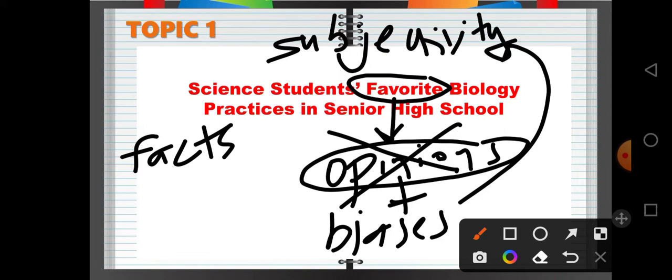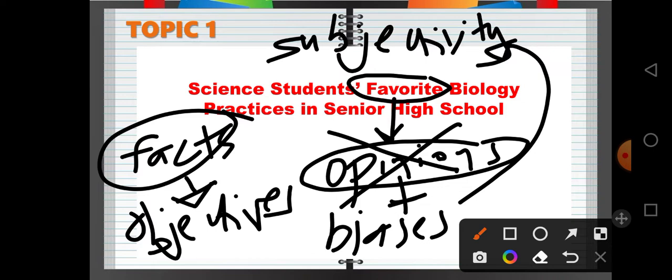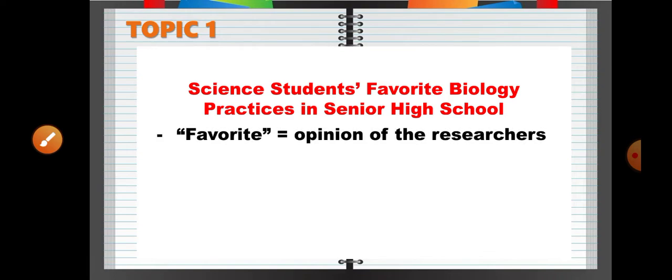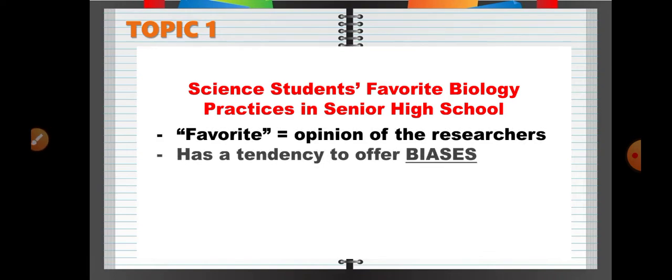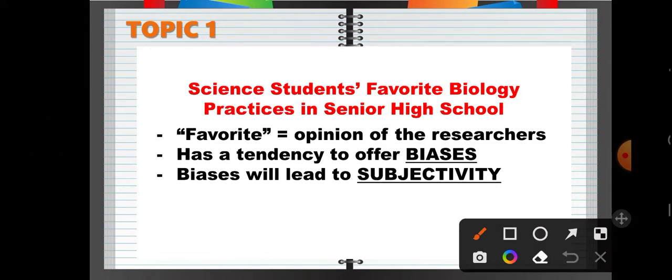Remember class that SIPs are quantitative researches and therefore we must base them on objective ideas or facts rather than subjective ones. So that will be our main idea here. Again, we have the term favorite that offers opinion, that will offer biases, and will lead to subjectivity. Furthermore, class, we have here a variable.